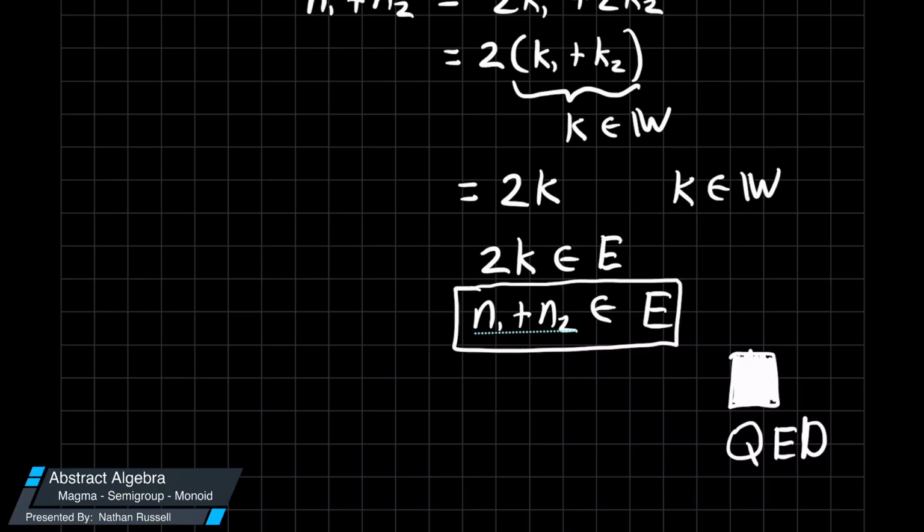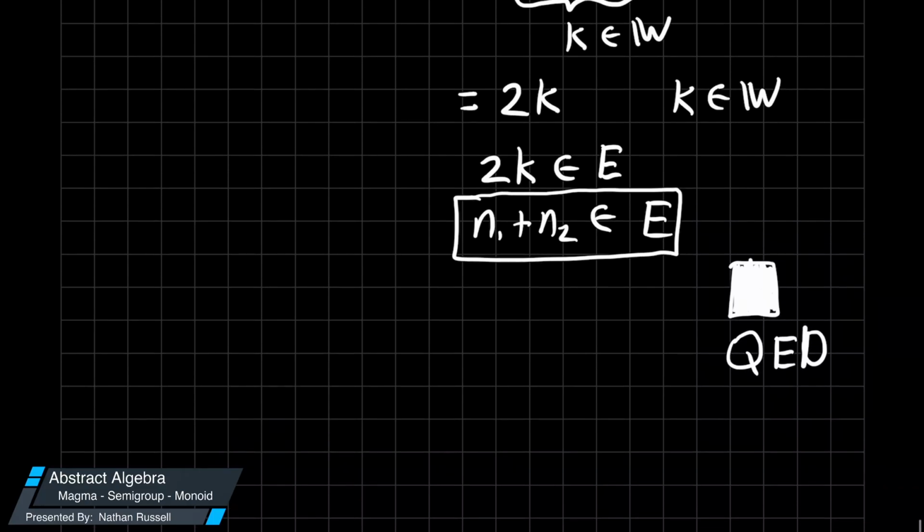To paraphrase, it means I've shown what was required. You can look it up. Every time I look up what this phrase actually is, I forget it, but I do remember what QED is. And every time I look up what the phrase translates to, I always see something slightly different. But the gist is, this is an abbreviation for a Latin phrase that means I've shown what was necessary to finish my proof. Okay?